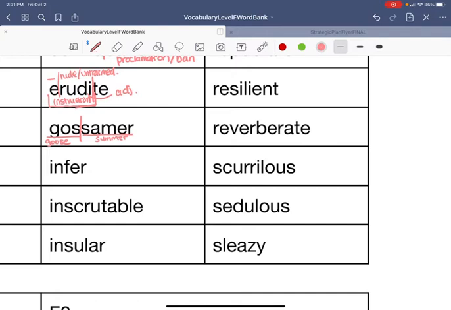It's really fluffy and airy and really light and thin. So anything that resembles that, it could be clothing, it could be anything that resembles that, that's how you would use this word.